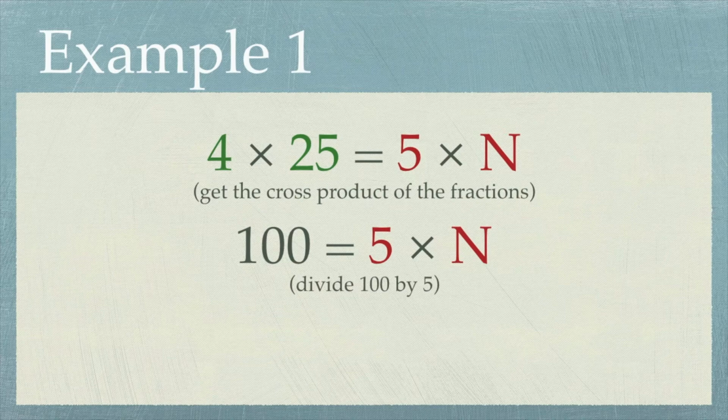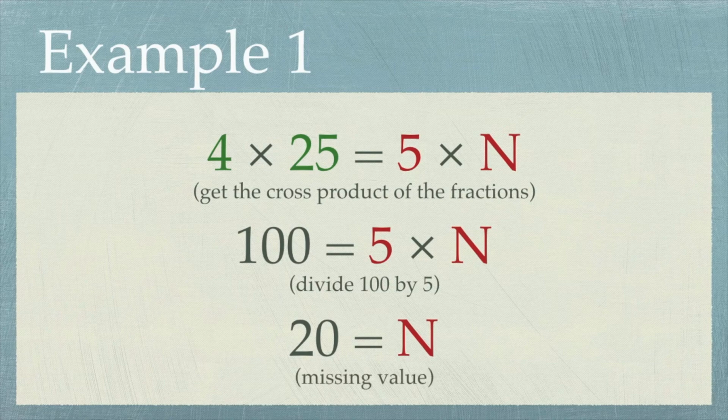And then divide 100 by 5. Why do we do this? Because 5 is on the other side of the solution. So to transfer it near 100, it should be divided since it is the opposite of multiplication. So 100 divided by 5 equals 20. Therefore, 20 equals n. So the missing value is 20.